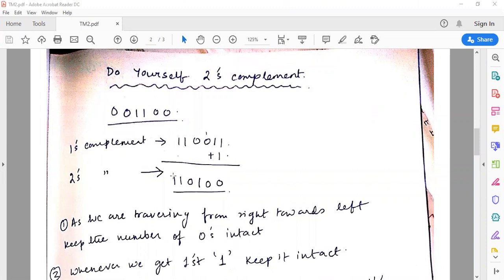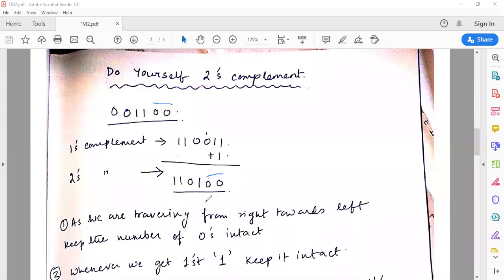Now this follows a particular trend. If you look at this final output, and this was my input, starting from the right hand side, whenever we get zeros, they are kept intact. We had 00 in the input, and we have 00 in the output as well.